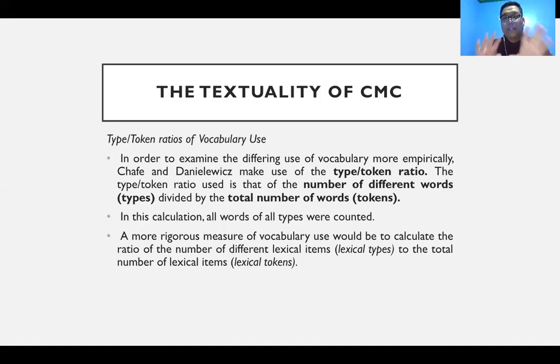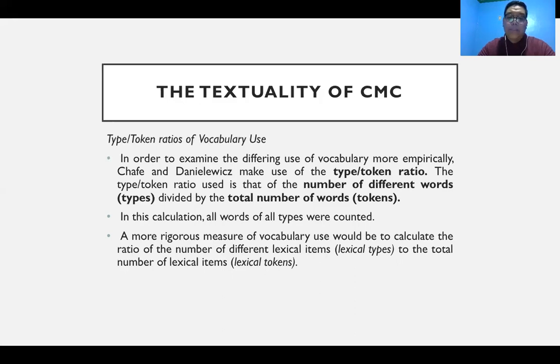For example, if you have a statement, you have to identify the number of different words or the major lexical items present, and also identify the total number of words present, including the minor words, for example prepositions, pronouns, things like those. In this calculation, all words of all types are counted.